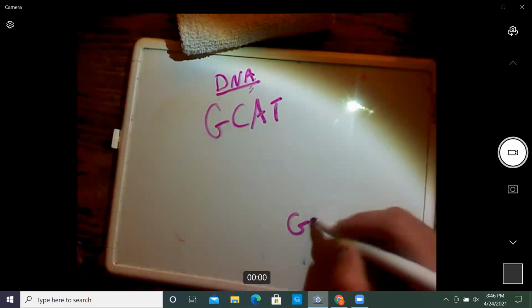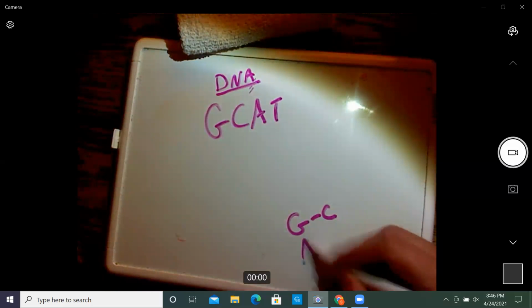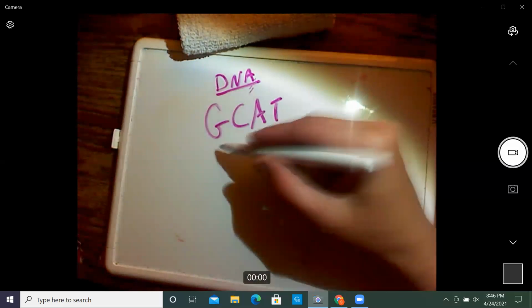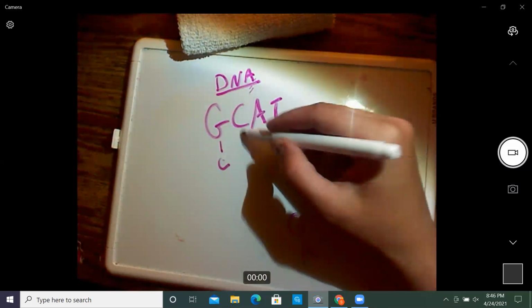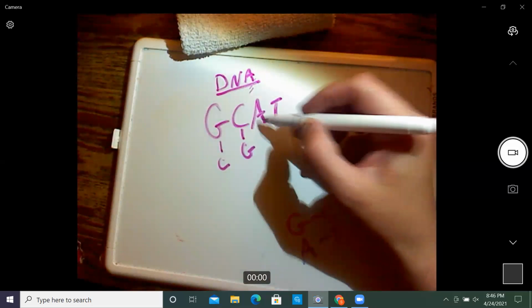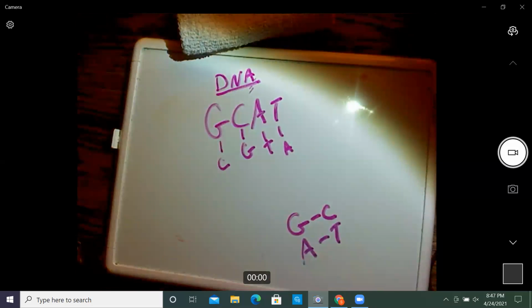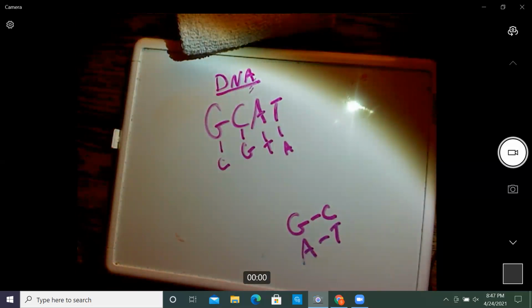We know G always matches with C, and A always matches with T. So C matches with G, A matches with T, T matches with A. The string your teacher gives you will probably be a lot longer, but be on the lookout for it.